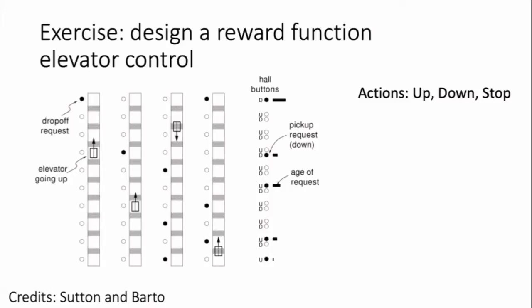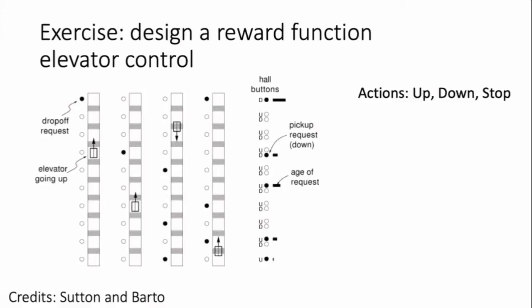Now, people want to travel, so they push buttons when they want to go down or up. They call the elevator. Also, you need to account for the age of each of the requests, right? And then when they get in the elevator, they put in a drop-off request, right?